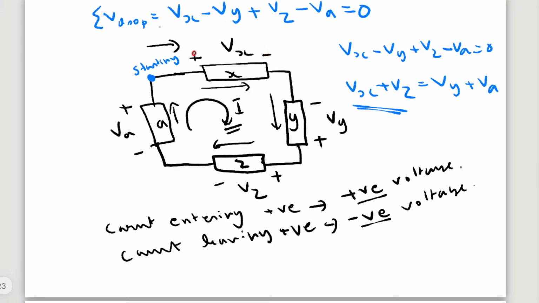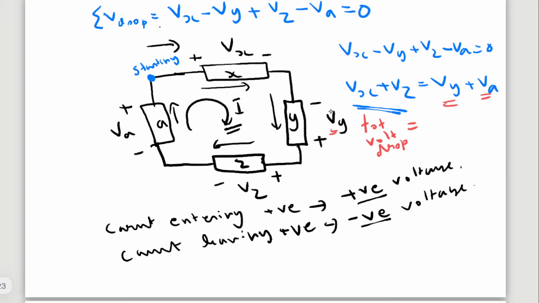That is, there is a voltage drop here, plus to minus. Here also plus to minus, that is a voltage drop. So combining this, we can say total voltage drop equal to, what is Vy plus Va?